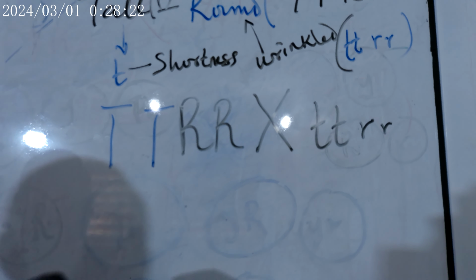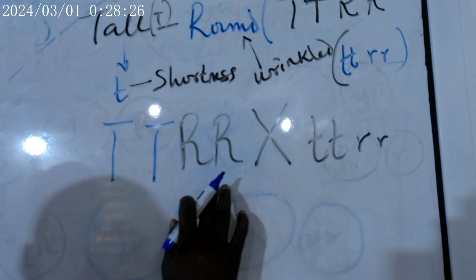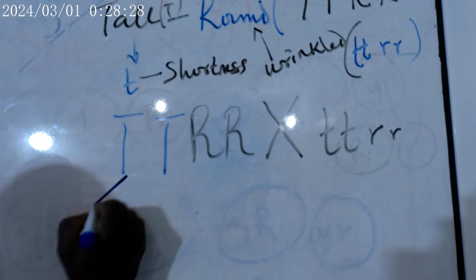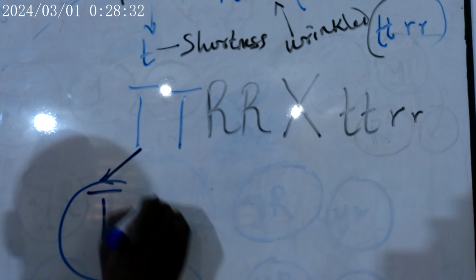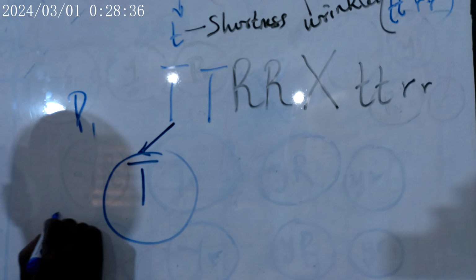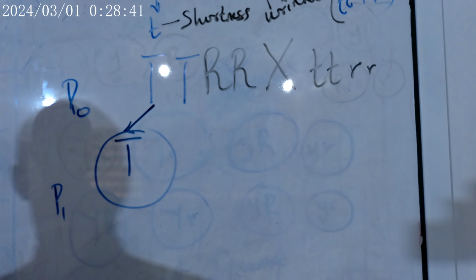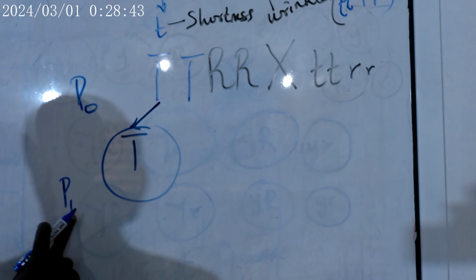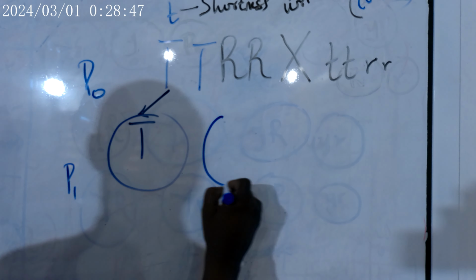It is all independent. That is, the presence of this one does not affect the presence of the other one. So at the end of the day, this is going to be the parents, and the parents will be represented by P0, and the gametes will be represented by P1. So that you are going to have something like this.